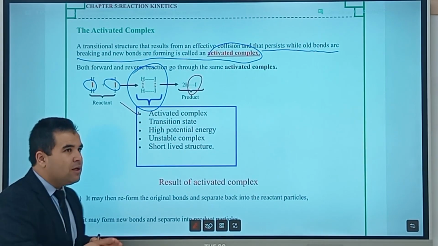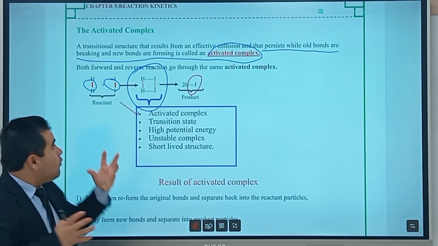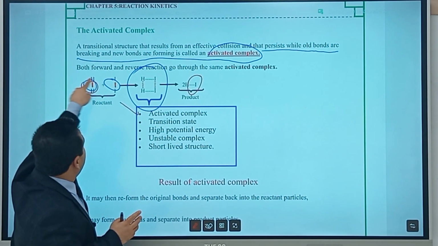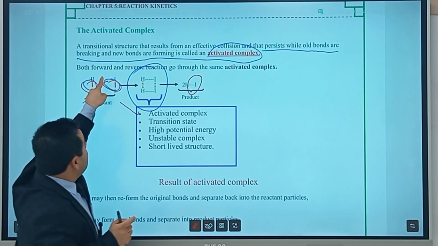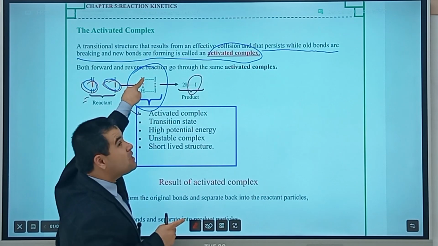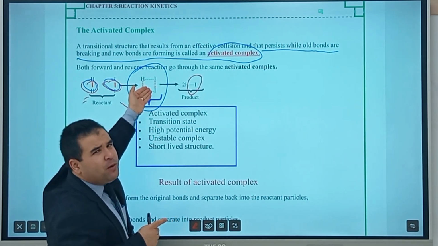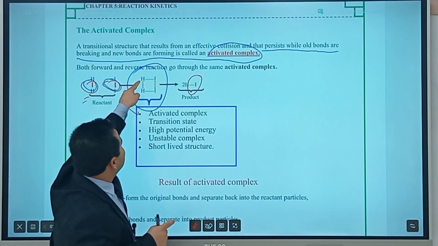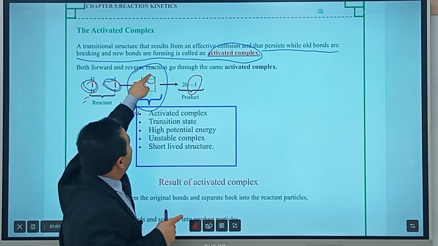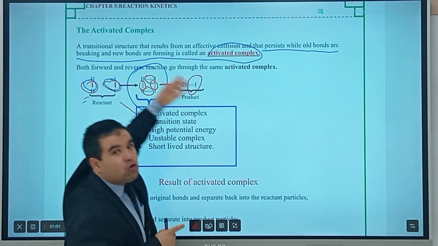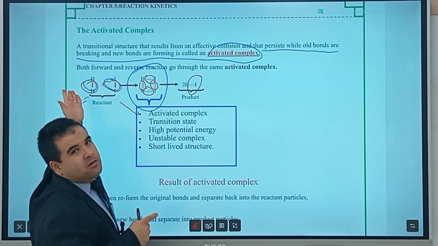Transitional state means the reactants have solid bonds, but they pass through a region for a short period of time where they do not have solid bonds. And then they will form product or rebound to reactants.